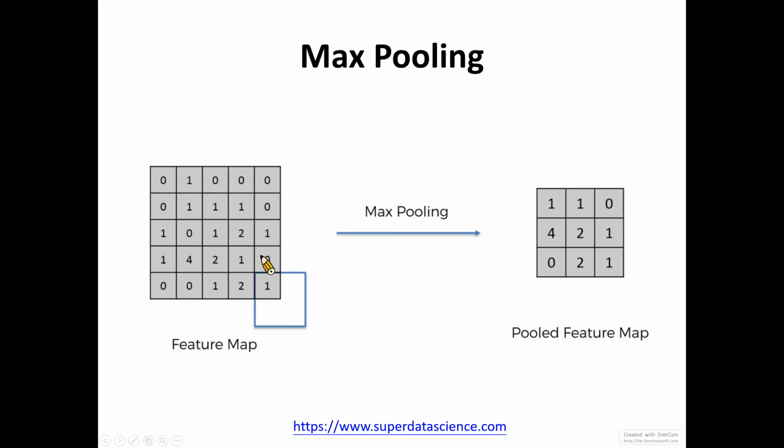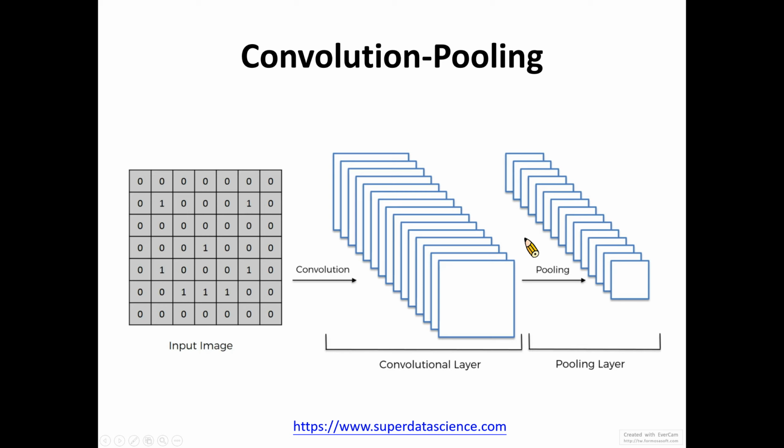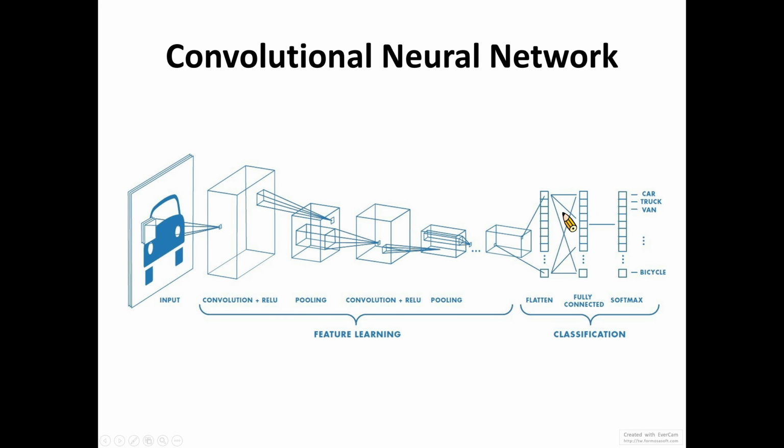So we can further reduce the dimensionality of the feature map into a smaller pooled feature map, which holds the important features of the original images. So that is called max pooling. So the convolution and pooling is a procedure to extract the features in the images and to pool these features into a reasonable dimensionality of the data.